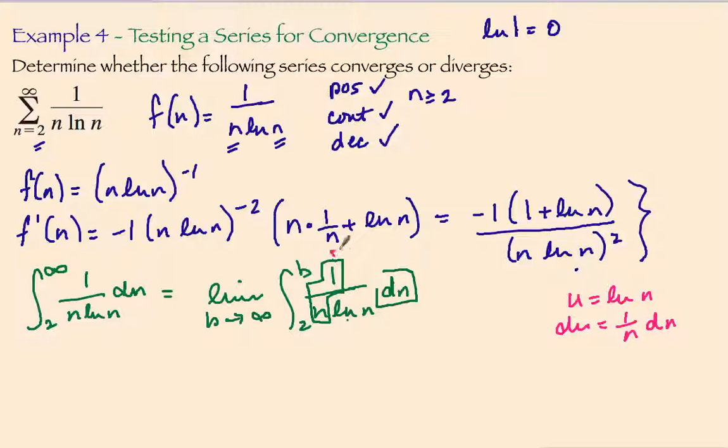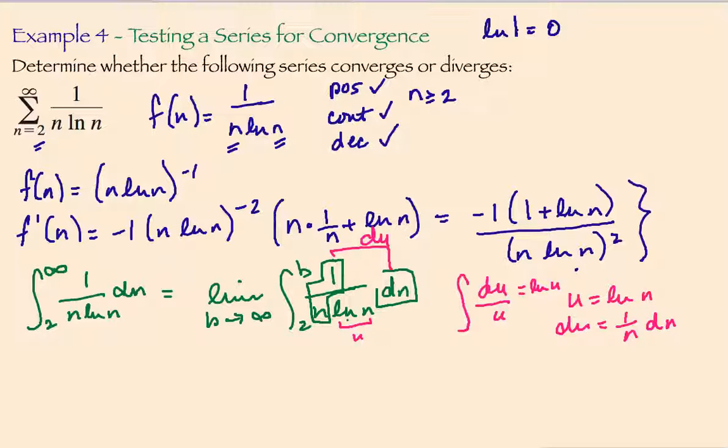So this part and this part is the du of the u, which gives us this interesting integral. It's actually going to be du over u, where u is natural log of n. The integral then will be the natural log of u. Since this is just following this little template here, and our u is natural log of n, it ends up being the natural log of natural log of n.